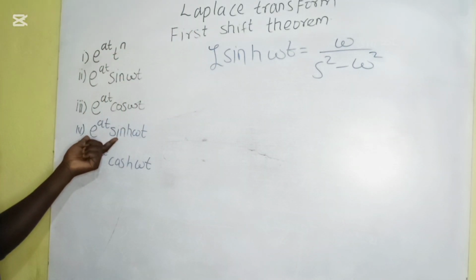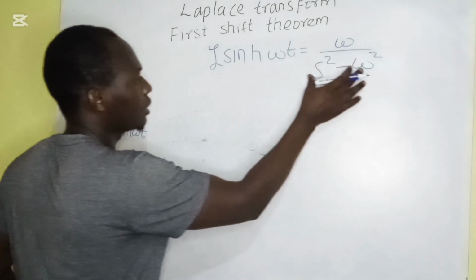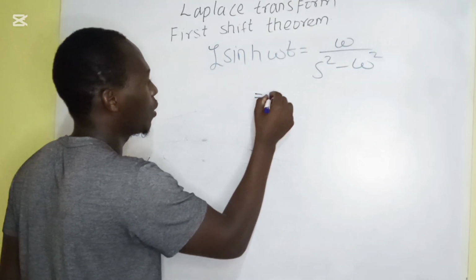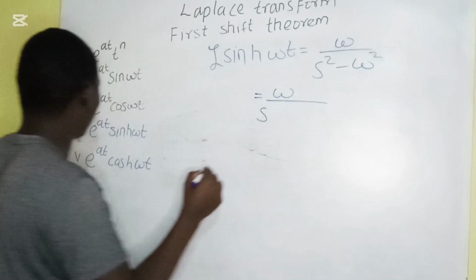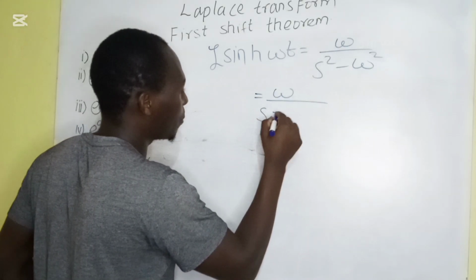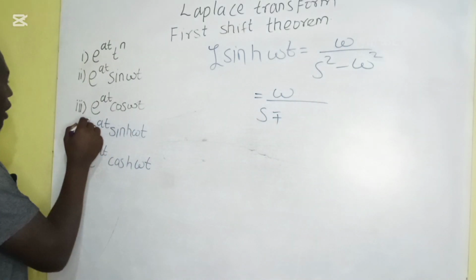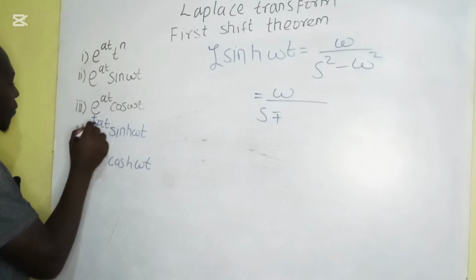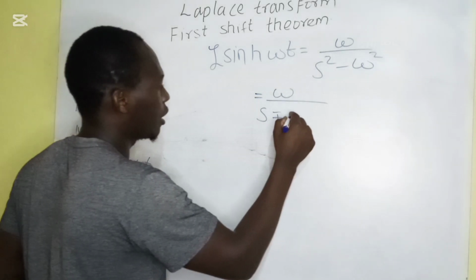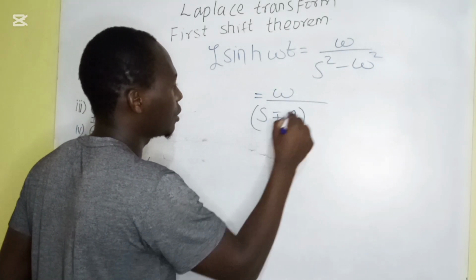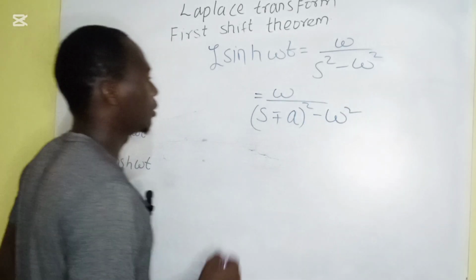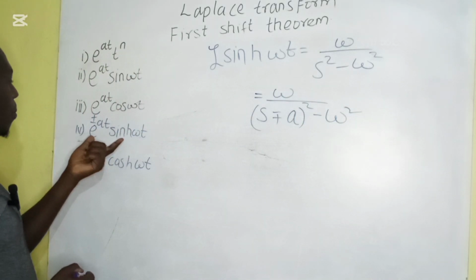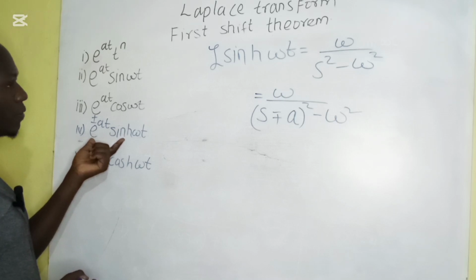We shift with respect to the exponential, to mean that the term of s here we are going to have our angle all over s. We subtract or add a, because here we are going to have a positive or a negative of a. Everything squared, we come and subtract our angle squared. And that is how you go about finding the Laplace transform of this one.